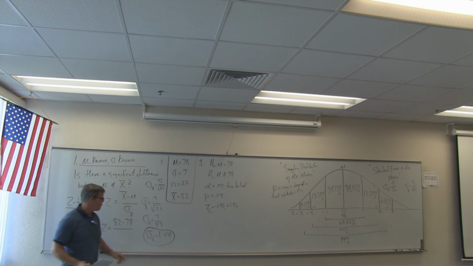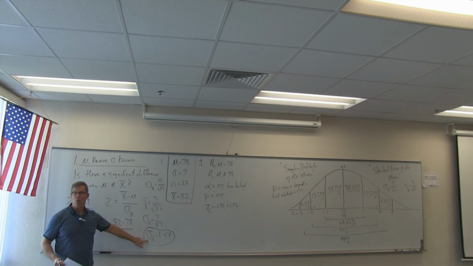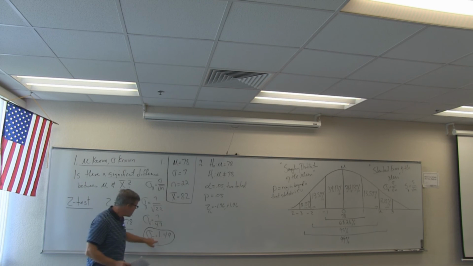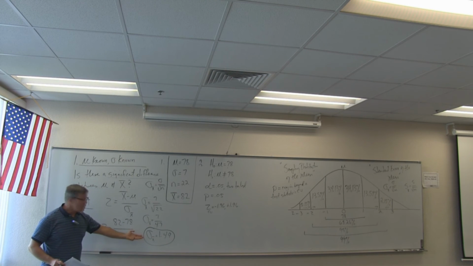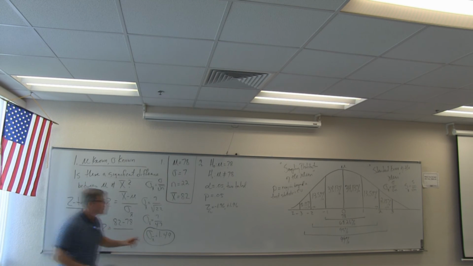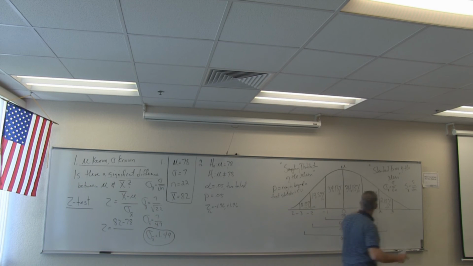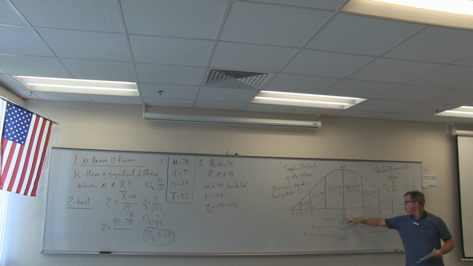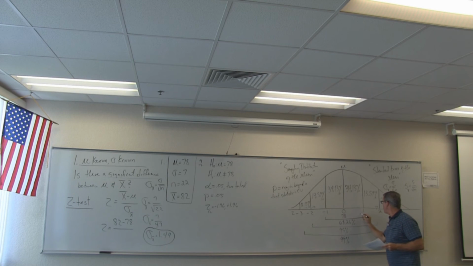Class, question. Based on this, what does one z unit equal? 1.49. We're going to treat this just like any other form of sigma or s. We're going to go out addition-wise this way, back subtraction-wise this way. Watch. 78 plus 1.49, 79.49.